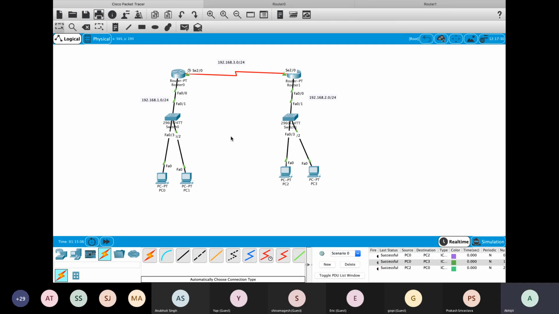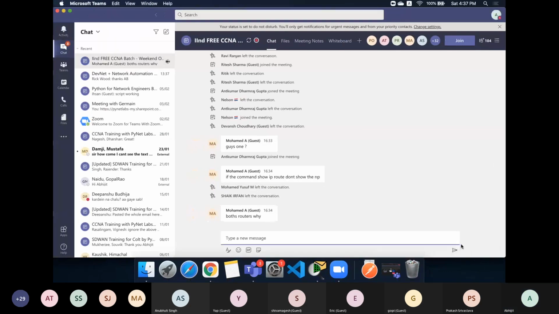All right, as we discussed how RIP works, in comparison to that, we're now going to see how EIGRP works. So let me share my screen with you all again. Oh, it's already shared. Now we are okay. Just a minute.